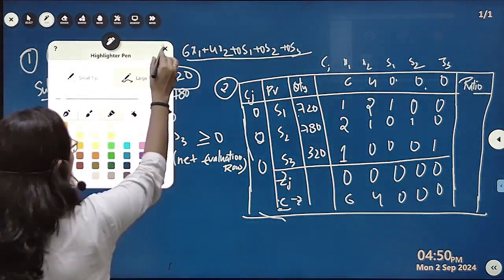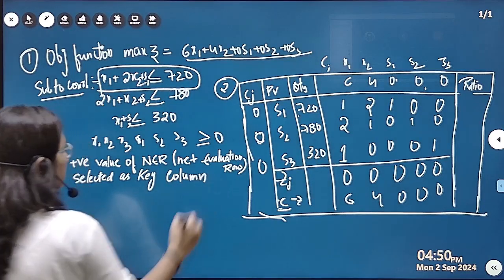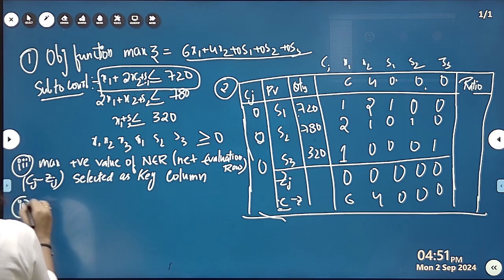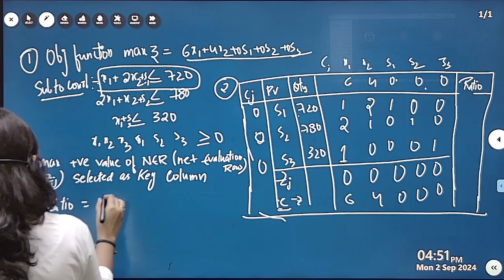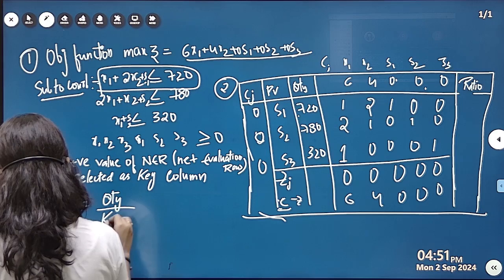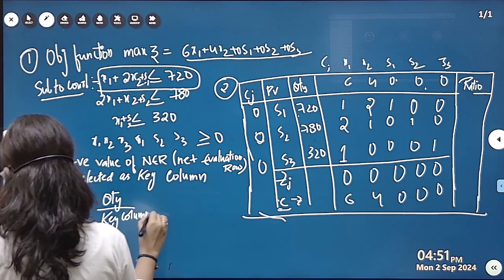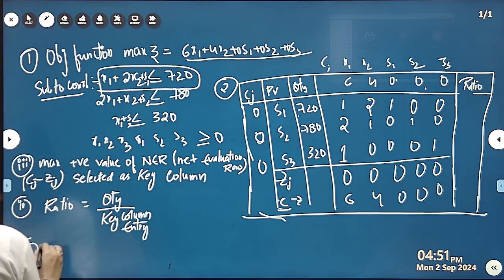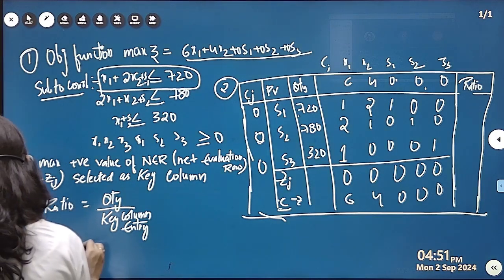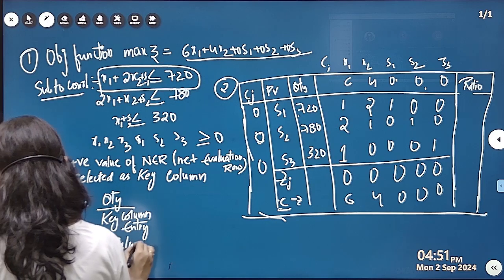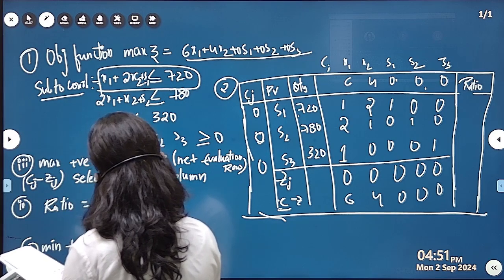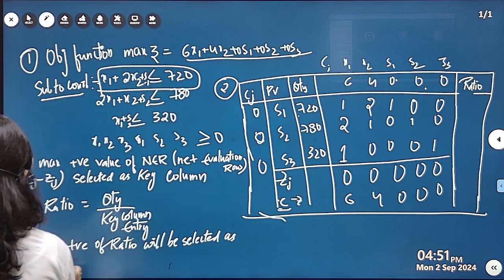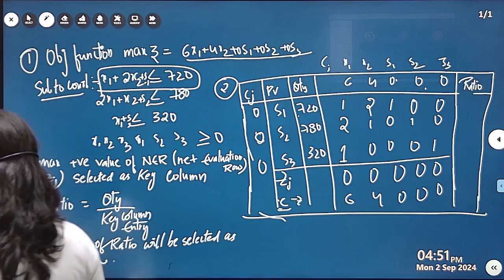Copied. After that, write this one. Next, fourth point will be... Okay.